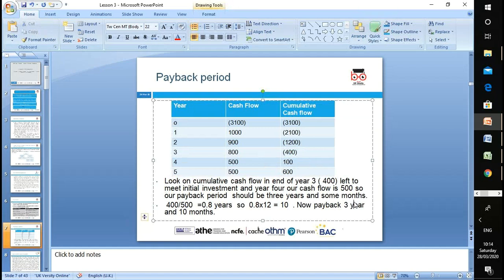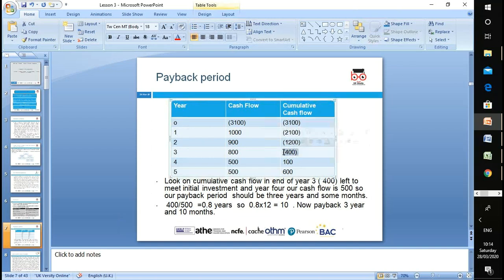So by looking at these figures, I can say this project will take me 3 years and some months. I'm not sure how many months. So at the end of 3 years, I have an outstanding amount.